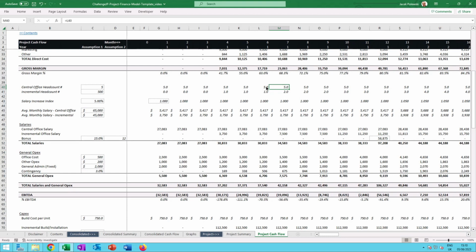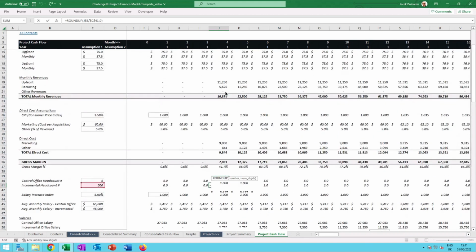So that's the first basic layer of your headcount. In the second part, you will have incremental headcount, which will increase along with the number of customers that you have. So for every new 500 customers that you have in your business, that you sold your services to, you have to add 1 headcount.